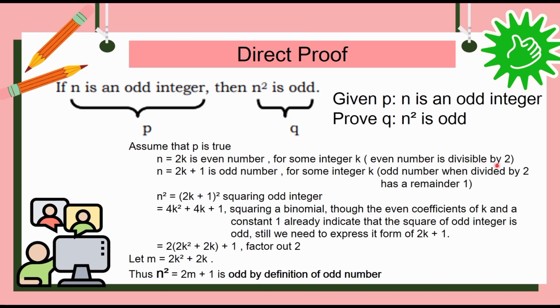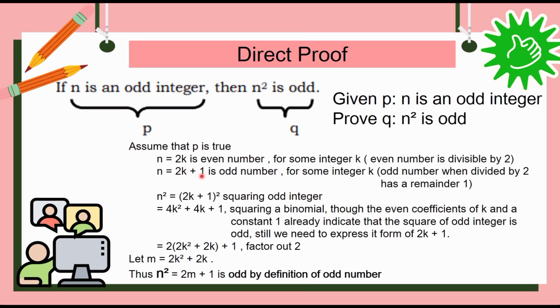So kahit anong i-multiply nyo kay 2, ang ating answer ay magiging even number. Let's say 1. 2 times 1 is equal to 2, even pa rin yun. Kahit i-multiply nyo naman ay 2, 2 times 2 is equal to 4, even pa rin yun. Okay. Now, paano naman kung gagawin nyo siyang add? So yung 2k, i-add nyo ang 1.